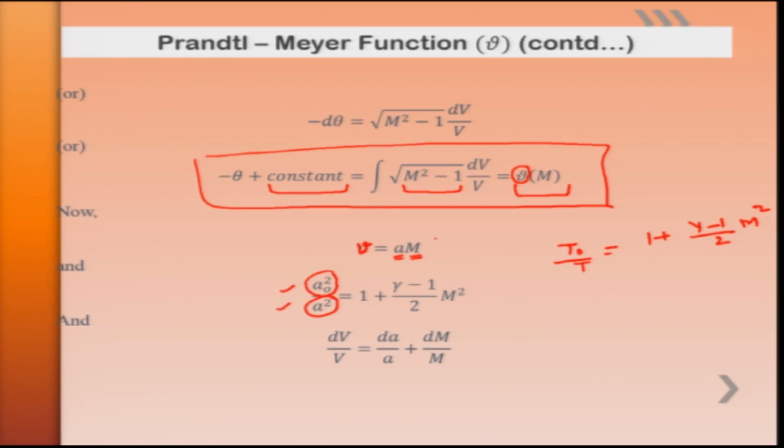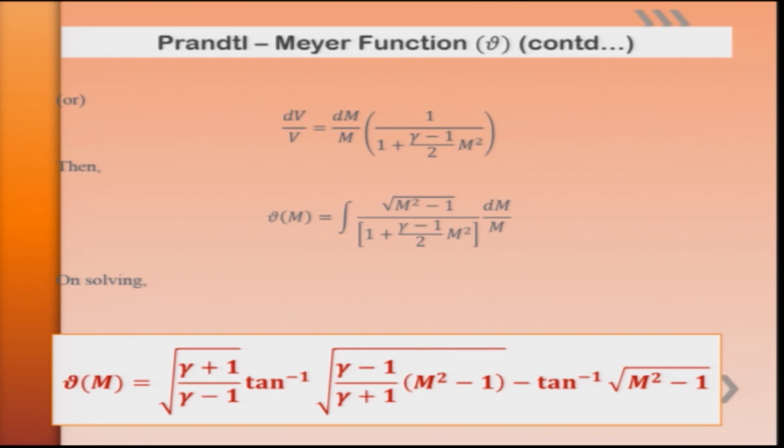Now taking the first equation, take log both sides and then differentiate. I can readily have dV by V is equal to da by a plus dM by M.